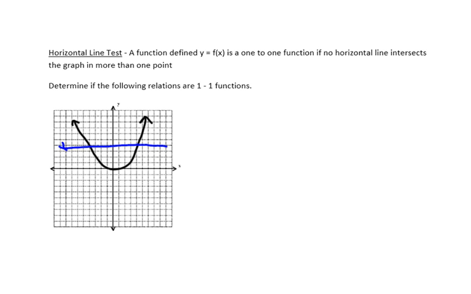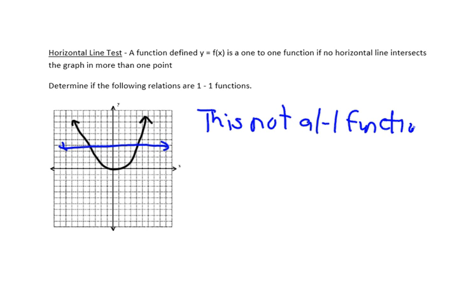There's my horizontal line. This is not a one-to-one function. Now again, students will say it fails a horizontal line test, but really what does that mean? That means there are range values that go to 2 different domain values, as I'm hitting here and here. That's what the horizontal line test is really telling us.